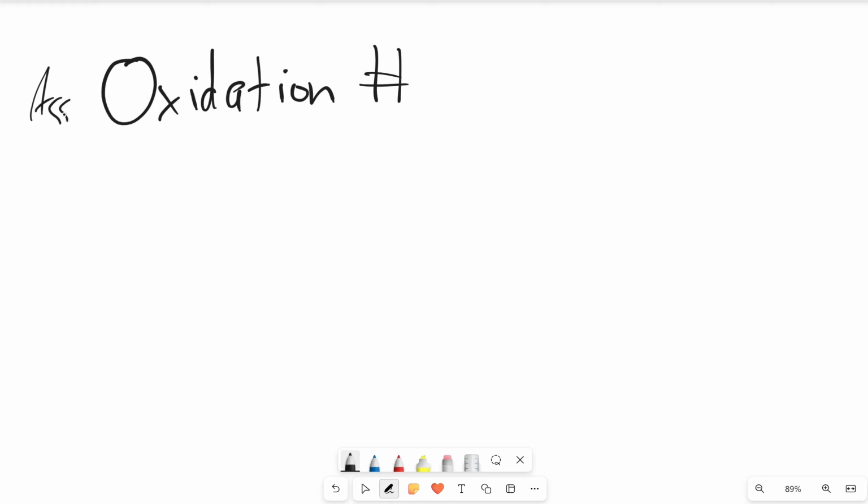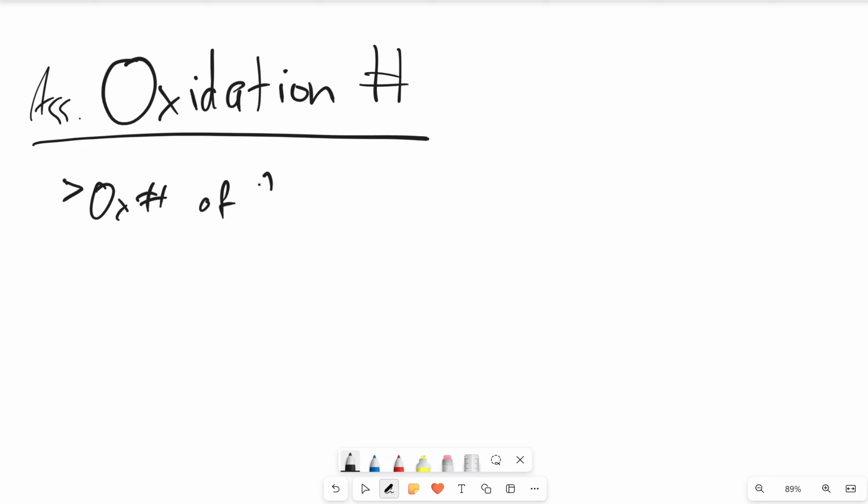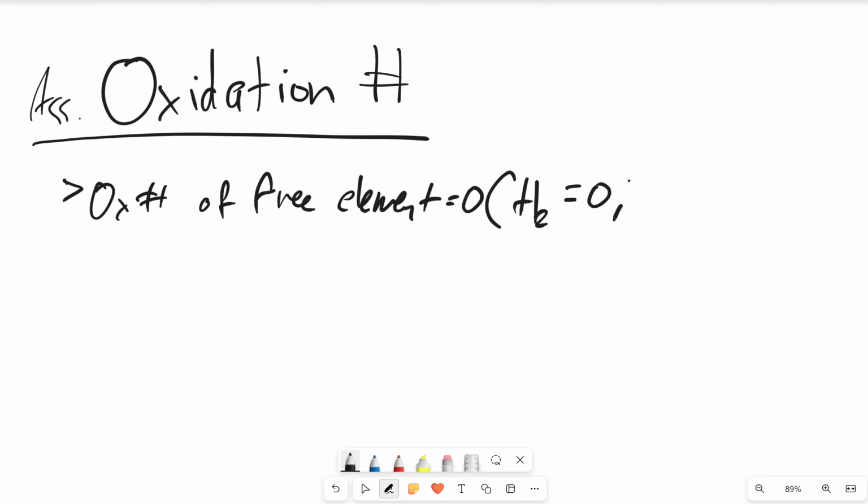So assigning oxidation numbers, right? So the oxidation number of a free element is always 0. Ox number of free element equals 0. So, this might be confusing, but like H2 will have an oxidation number of 0. Zinc will have an oxidation number of 0, right? So that's good to keep in mind.